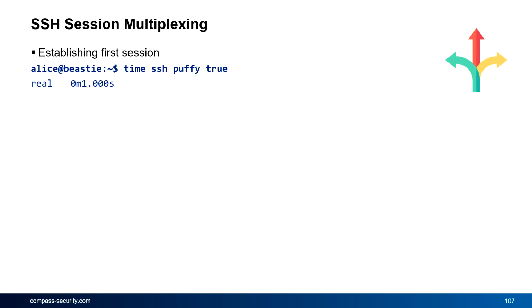So when SSH multiplexing is enabled, and in this case Alice SSHs into Puffy for the first time, she has to authenticate, the host authenticates Alice, and then she executes a command. This took 1 second.